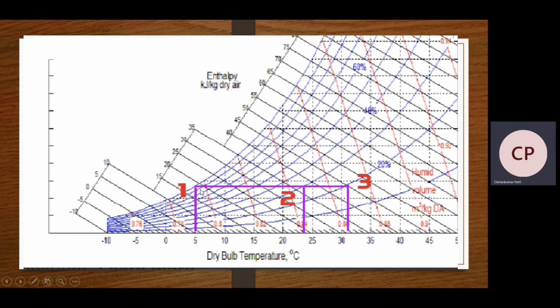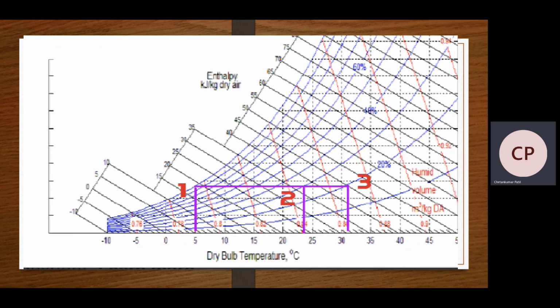So we have to draw here the horizontal line for this constant specific humidity, because specific humidity is plotted on this vertical line. So we have to keep the specific humidity constant. So where this 24 degrees Celsius dry bulb temperature and the specific humidity intersect at a particular point, and that point will be our point 2.